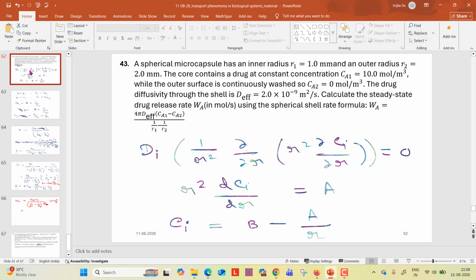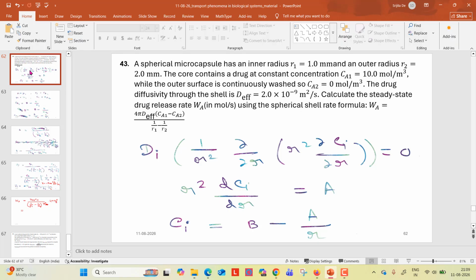So 1 by 1 into 10 to the power minus 3 minus 1 by 2 into 10 to the power minus 3 or 0.002, it is 500.